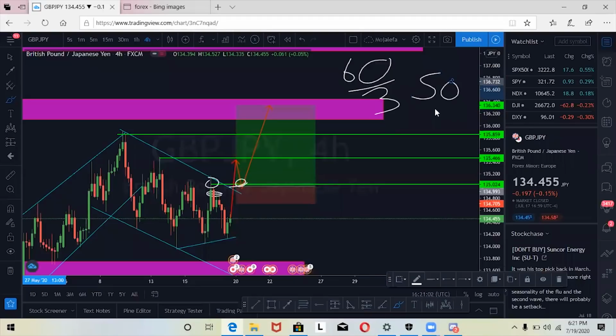Sorry, I'm going to actually lose 20. Sorry about that. Let's scratch this off. I'm actually going to lose 20, and the reason behind that is that, number one, I didn't use the whole lot size.